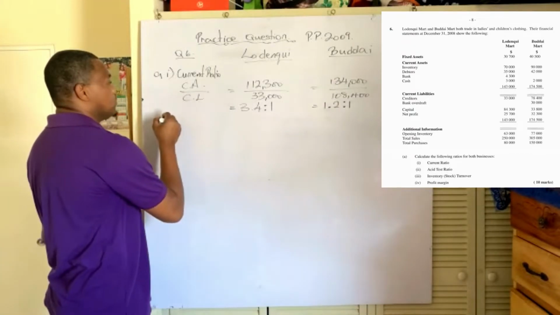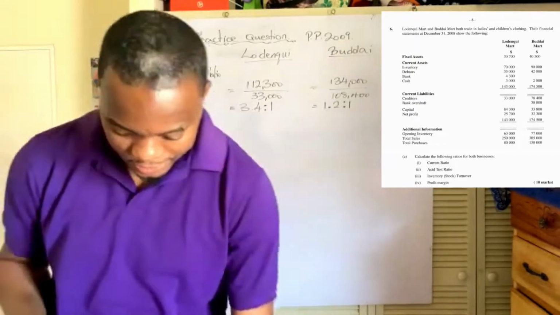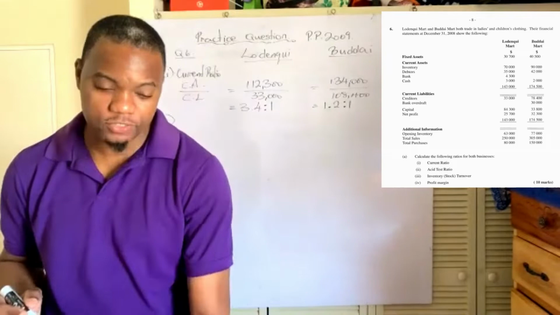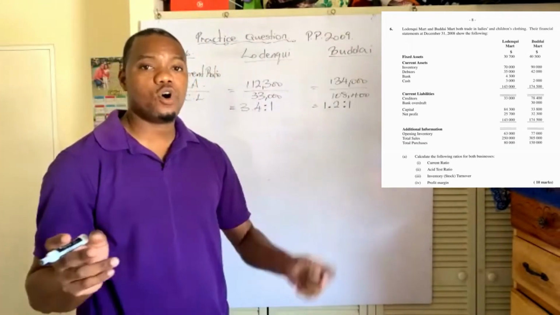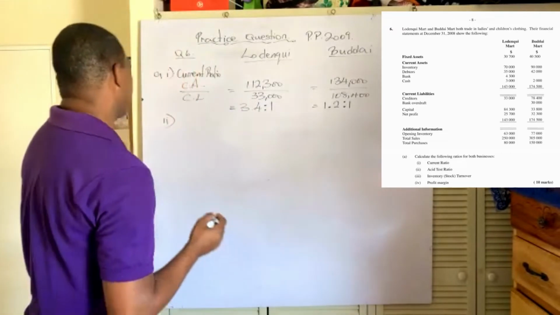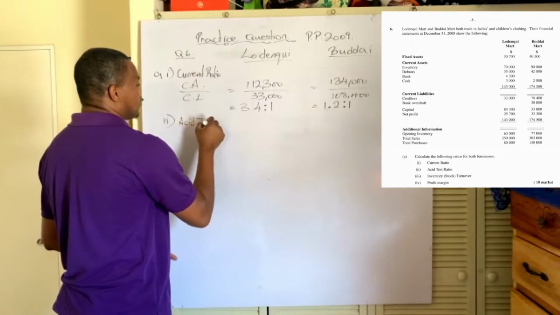The next ratio that we are asked to do is the acid test ratio. Now the acid test ratio is the same as the current ratio. The only thing is we take out stock. The acid test is also called the quick test.